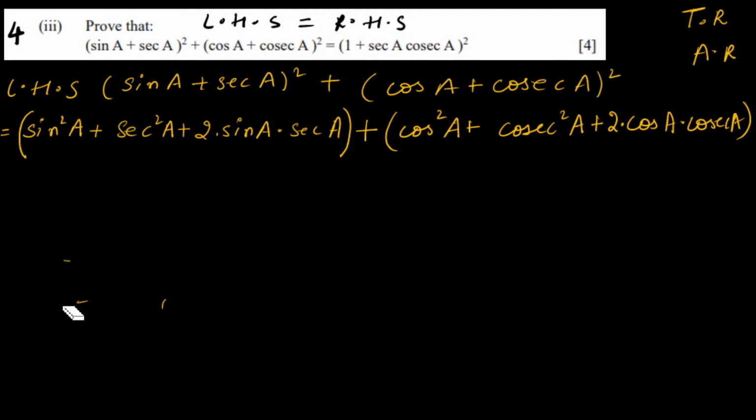Let's open the brackets. Because of the plus sign, no change. I'm doing it in this step itself; you can do it in this step or the next step also. Because of this plus sign, there won't be any sign change. If minus is there, then there will be a problem. But in case of plus, no issues.